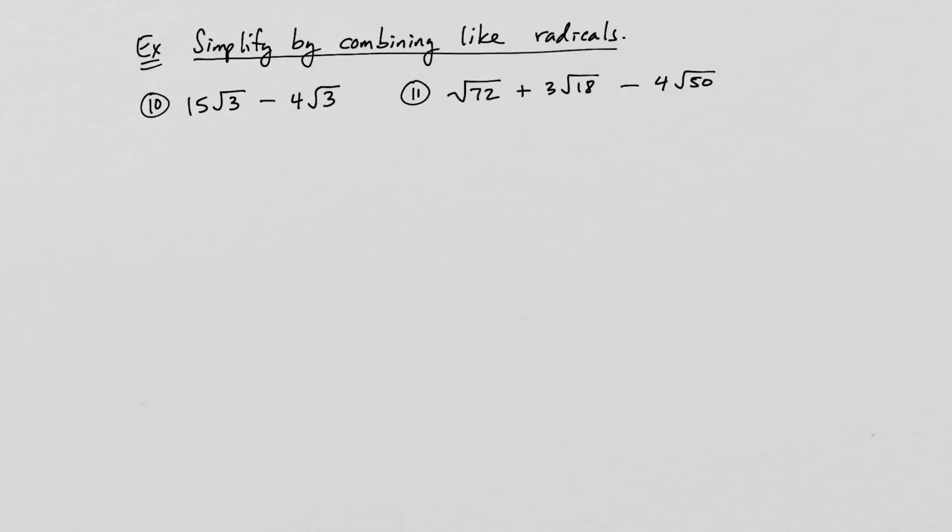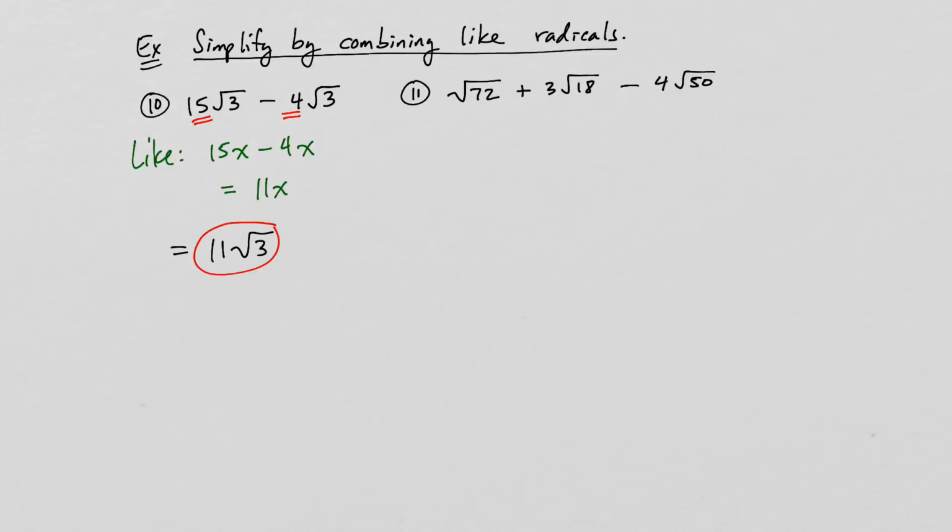So if I have 15 radical 3 minus 4 radical 3, this is like having 15x minus 4x, where x is radical 3. And you all know that 15x minus 4x is 11x. So along that same line of reasoning, 15 radical 3 minus 4 radical 3 would simply be 11 radical 3. So you can combine like radicals by simply adding or subtracting the number in front of the like radical.